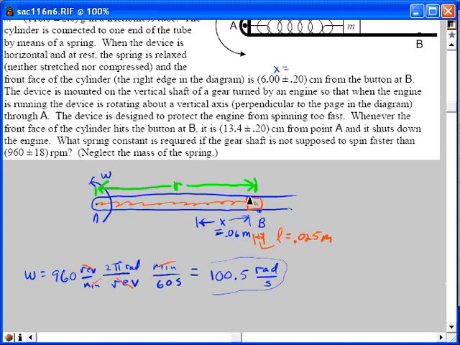Okay, again, I'm trying to get r, and let's see what this is. B is 13.4 centimeters out. So this distance out from point A, I think I'll call that D, and it's equal to 0.134 meters.